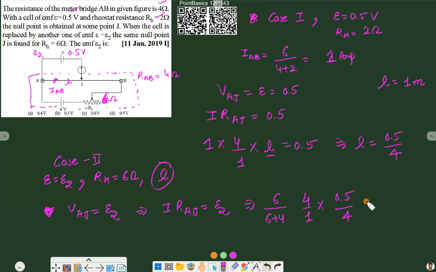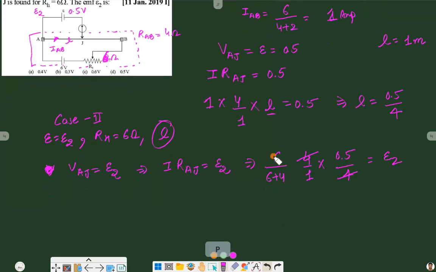So 0.5 by 4 is equal to E2. So this gets cancelled, and this is 6 by 10, and multiplying by 0.5 gives E2 equal to 30 by 100, or 0.3 volts. So option B will be the right answer. Let's move to the next question.